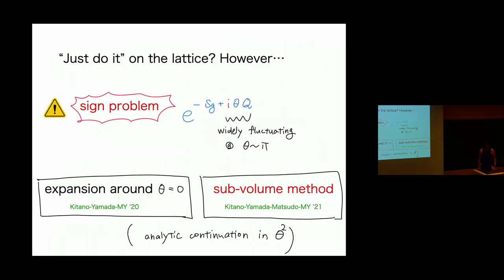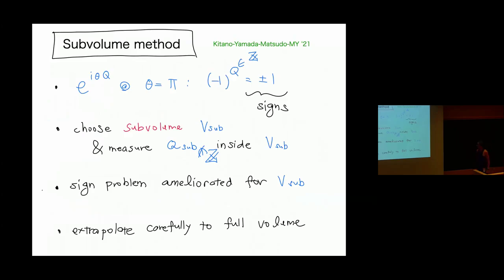Now there's a question of what you're going to do with this sign problem, because there's a factor of i, which is the most important point. So the method we propose is as follows, which is again very numerical. First measure the charge, so that it's integer.